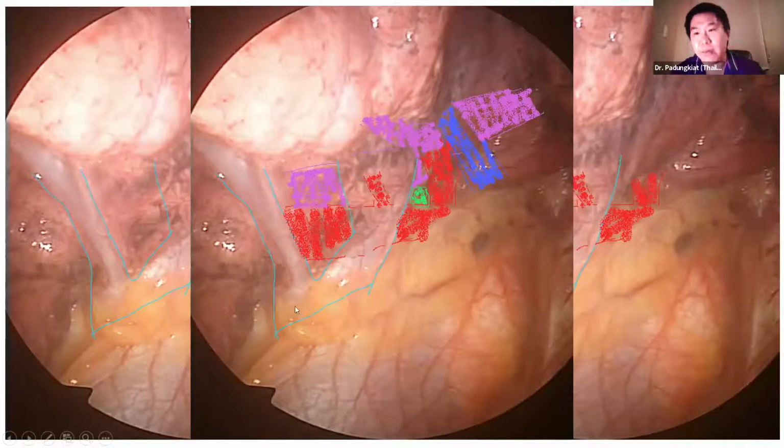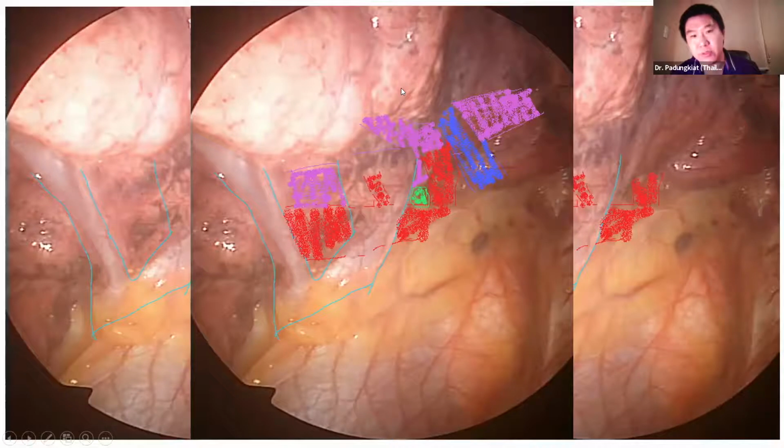So when I see the experienced surgeon operating, they're not just trying to dissect the pulmonary vein, and they open the whole anterior mediastinal pleura right here up to the azygous vein, back to the posterior.